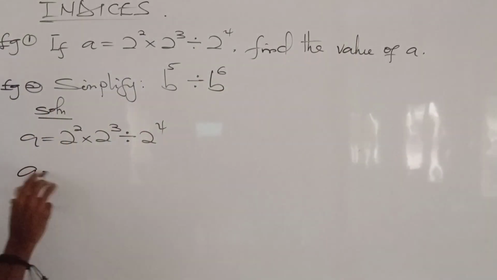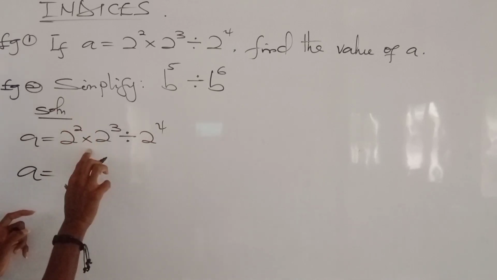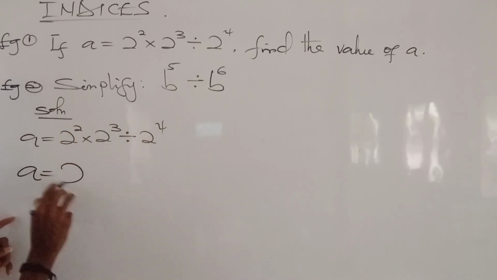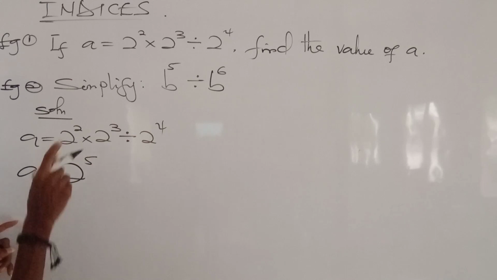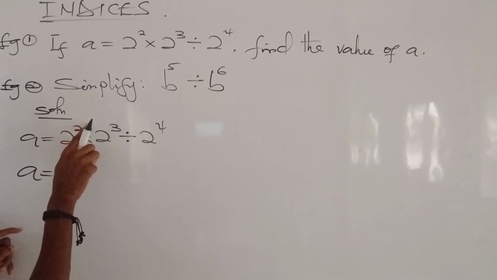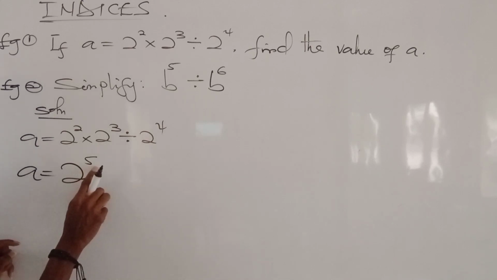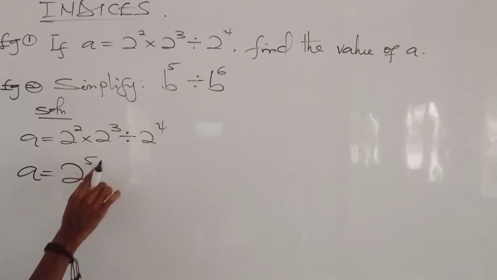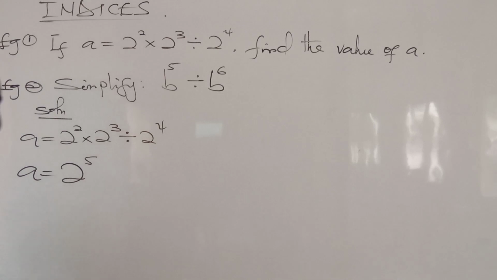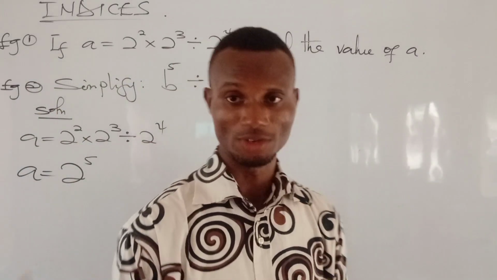So I'll have my a equals, now 2 to the power 2 times 2 to the power 3, it's going to be 2 to the power 5, because we are going to add the power 2 here plus the power 3, which will give us 5. So we have 2 to the power 5. That's the multiplication law of indices we applied there.